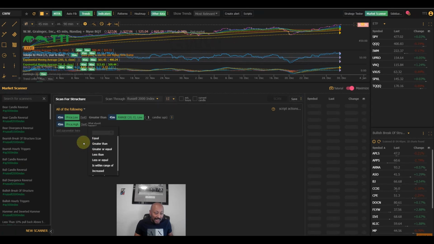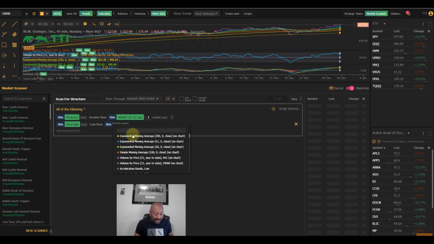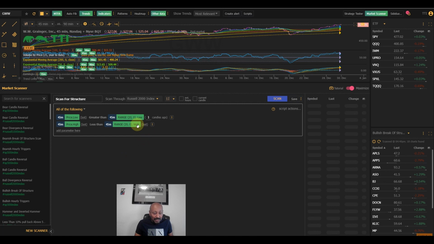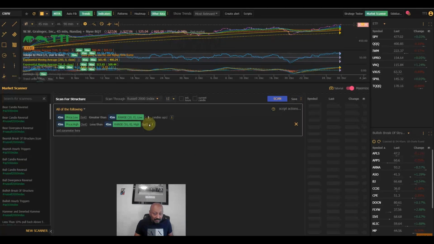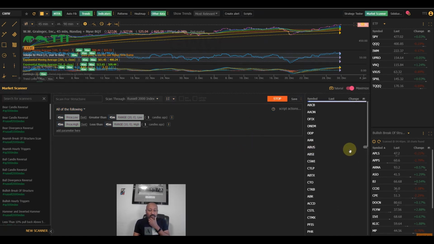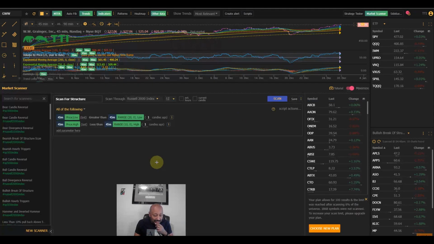This time the high is less than indicator, again, that same 45 minutes, range, this time range high, and I will explain, and then I'll change this to 10, apply from 1 bar ago, scan.